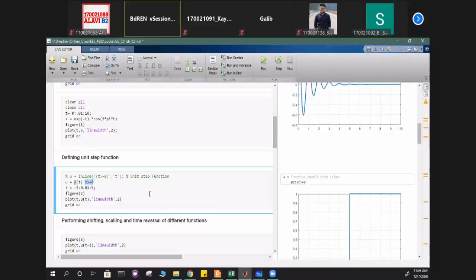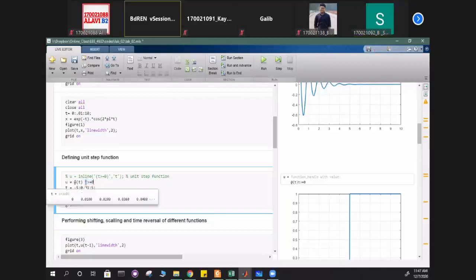Can you tell me? Sir, we are not giving a value, so there will be 1, the magnitude is 1 after t equal to 0. So we are getting 1 after t equal to 0. So that's why it is a unit function.